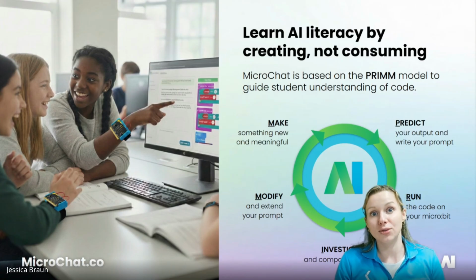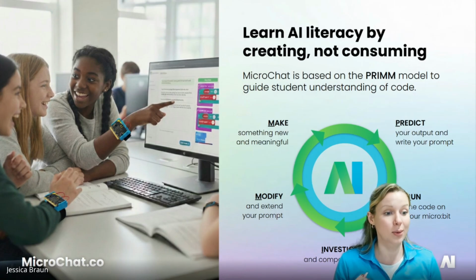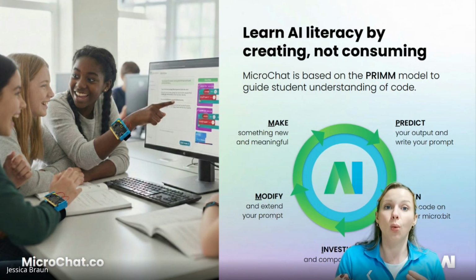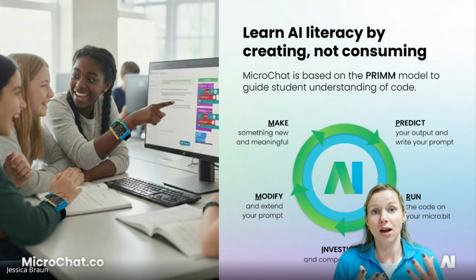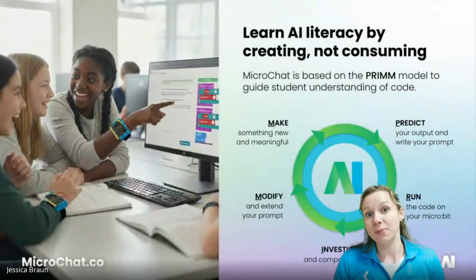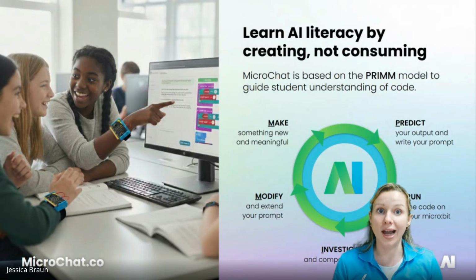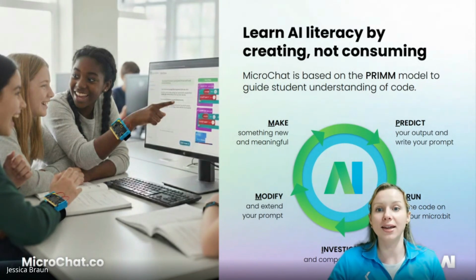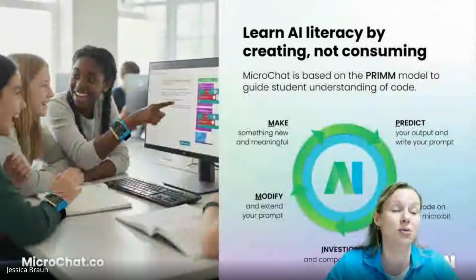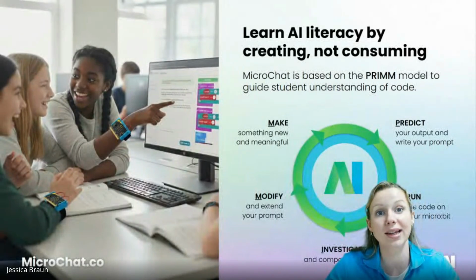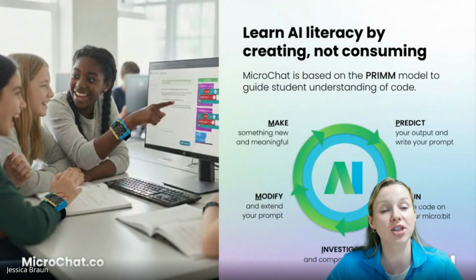MicroChat will then ask students to investigate the actual coding program that is output and answer some questions about how they think it works, what certain sections or code blocks are doing in the program. From there, they'll have the opportunity to modify or iterate on that coding output. Maybe it functions the way they intended the first time and they want to add on to the code. Maybe it doesn't quite do what you expect the first time and they need to re-prompt it or change the language that they're using when they prompt MicroChat.